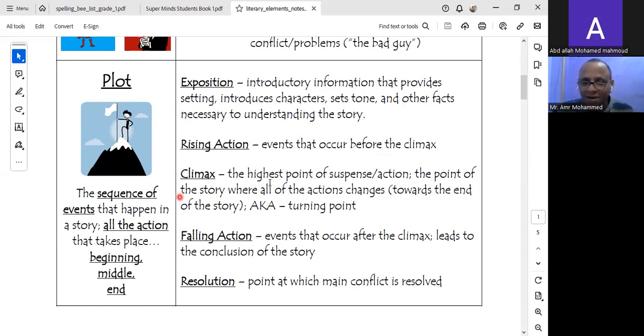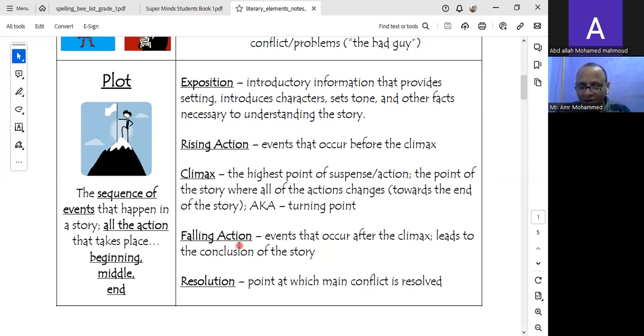What is the climax? It's the highest point of suspense or the highest point of action, the point of the story where all of the actions change towards the end of the story. It's called the turning point.